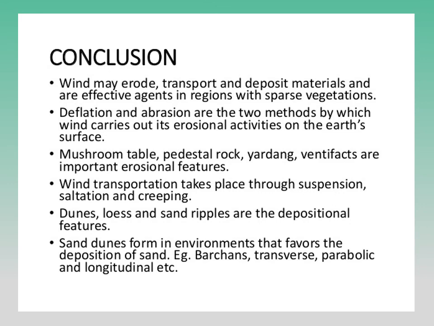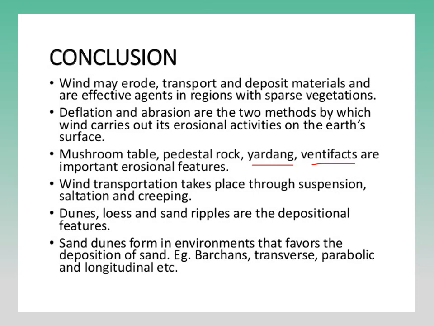The erosional landforms produced by wind activity are the mushroom table rock or pedestal rock, zeugen, yardang, ventifact surfaces, and often by observing the features, we can get an idea about the broad wind flow direction.